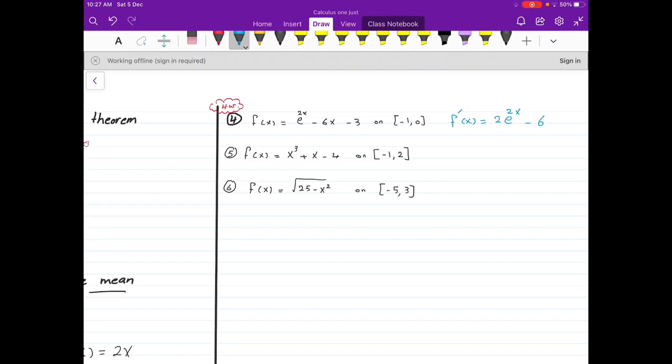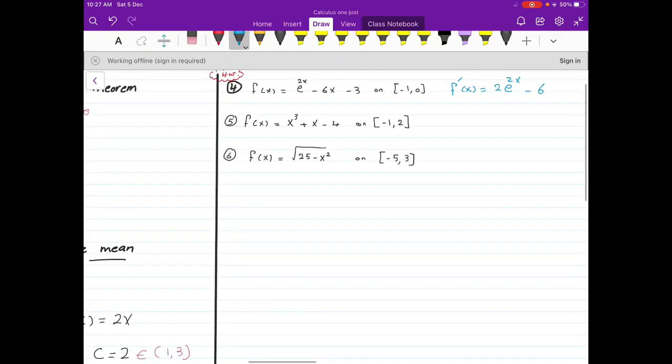Continue. f prime c = (f0 - f of -1) over (0 - (-1)). And the same للبولينوميال x تكعيب + x - 4. And number 6, f of x = the square root of 25 - x squared on the interval -5, 3.